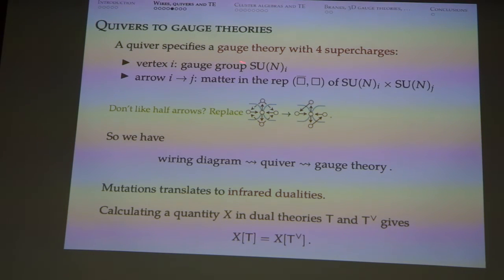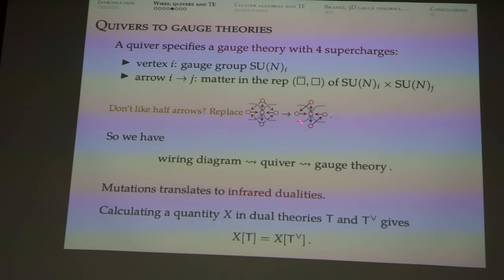To each vertex I, you assign a gauge group, let's say SU(N), and let's label it by the vertex label I. So you have SU(N)_I for vertex I, and to each arrow you assign a matter field, which transforms in the fundamental representation of the respective gauge groups I and J. In the quiver I also have half arrows, and if you don't like half arrows, because there's no half matter multiplet in these kinds of theories, you can replace this rule for constructing the quiver by this rule, and then the construction works.